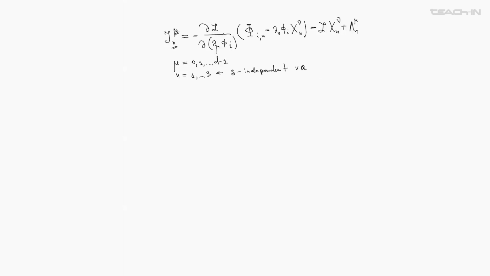And with respect to index mu, we have a conservation law. The divergence of J^mu is equal to 0 on shell, which means on solutions of equations of motion, the same as the Euler-Lagrange equations.